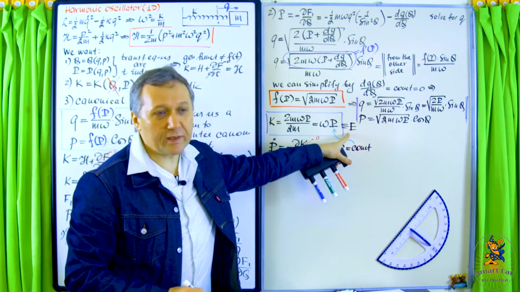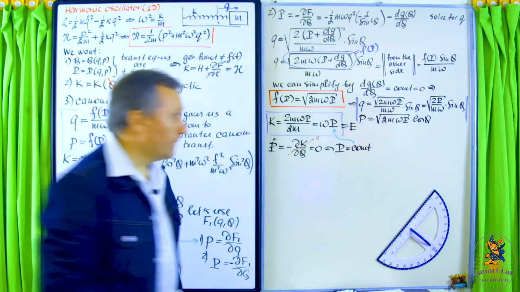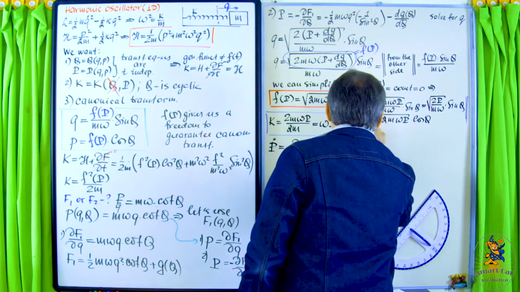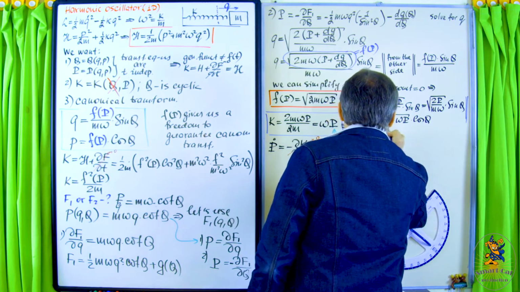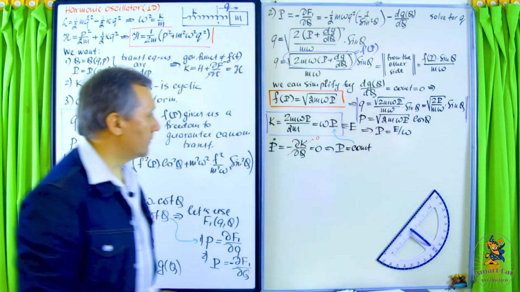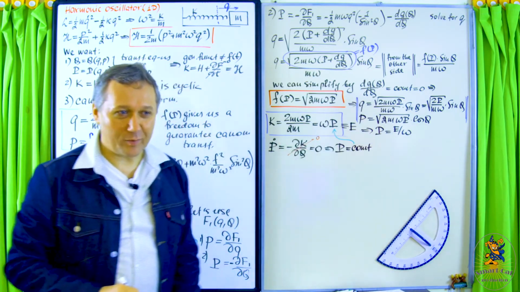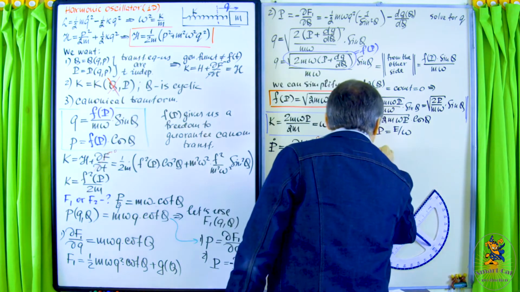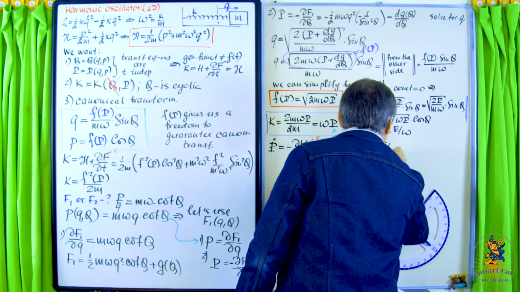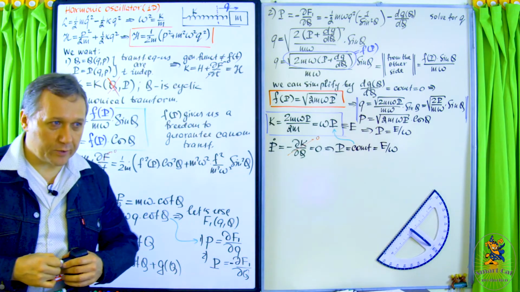You see I put three lines, basically by definition. That's how I denote this. Over here I can solve for P, so it will be E over omega. That will be my constant, E divided by omega. That's what we can get from the second equation.